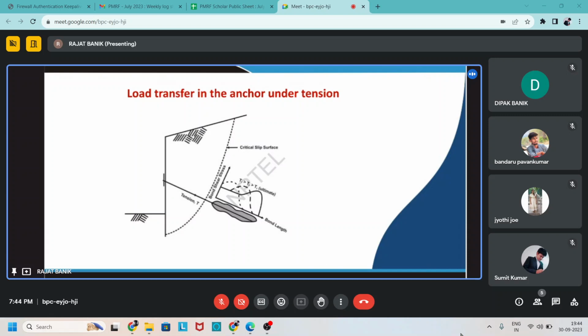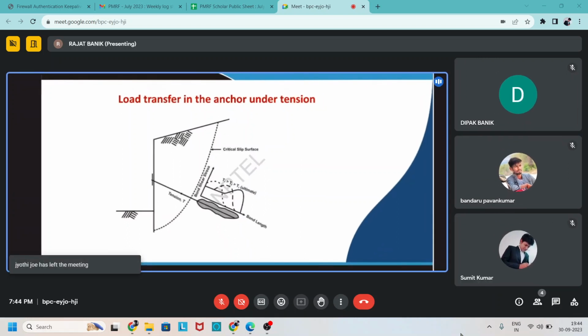As the distance increases, the strength also increases, and this is due to the friction between the grout material and the surrounding soil. In this way, the load is transferred to the soil by the ground anchor.